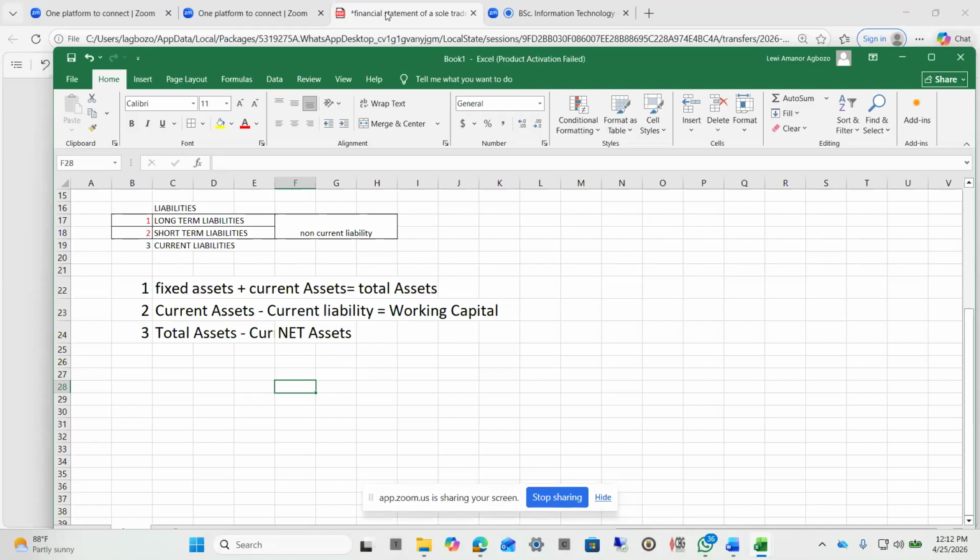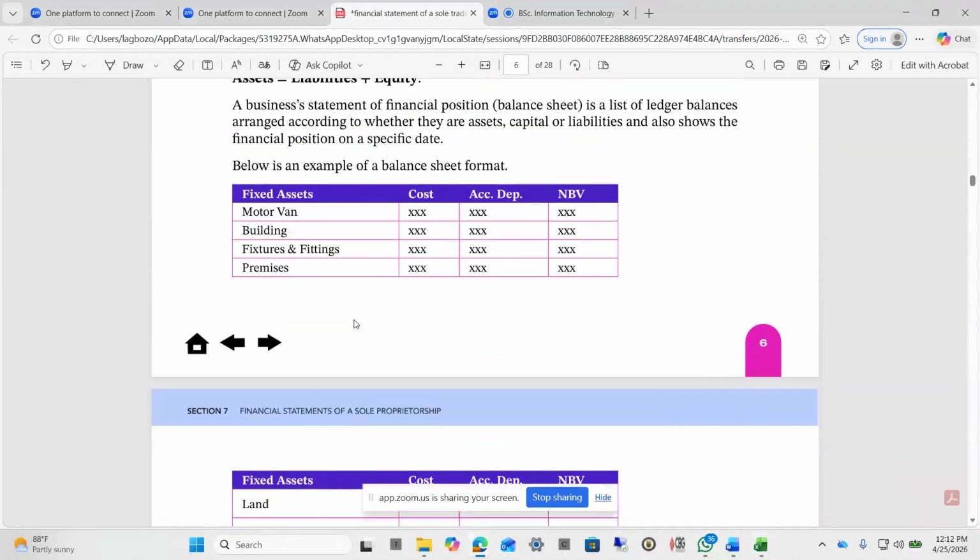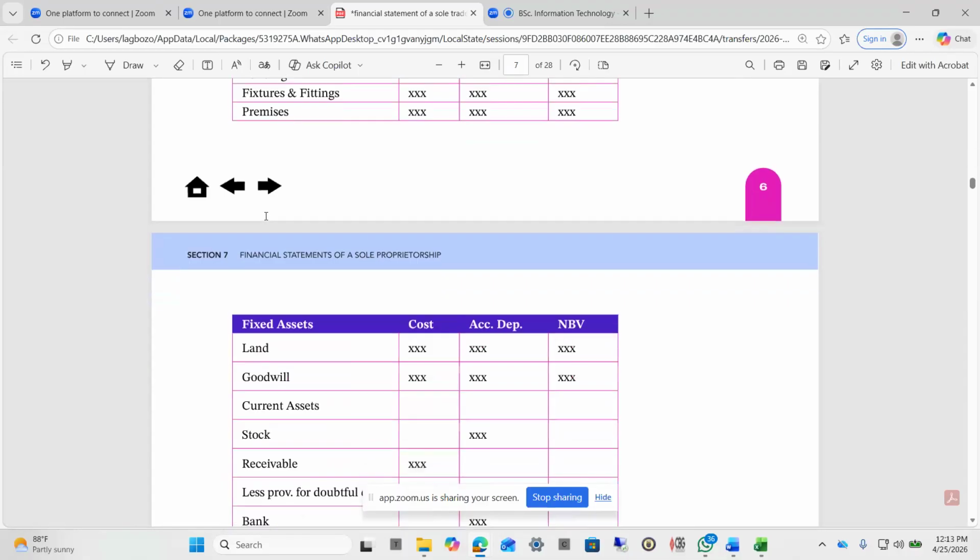Okay. So let's come back to our format. We said that we have fixed asset that comprises the things that are tangible and some are intangible. But the fixed assets are those things that are the properties of the organization. Now we have the current assets.